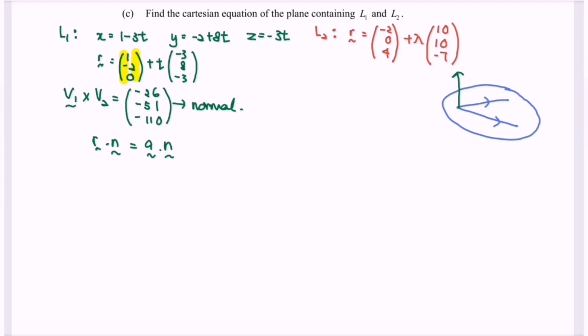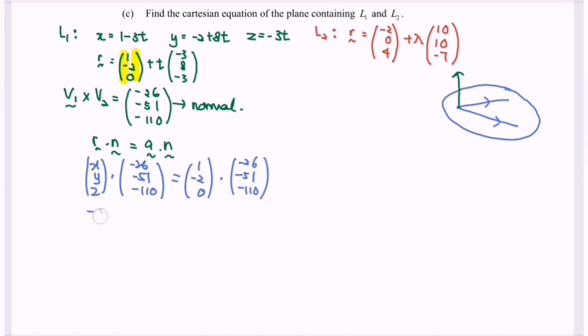So kindly substitute. (x, y, z) dot (-26, -51, -110) equals (1, -2, 0) dot (-26, -51, -110). So -26x - 51y - 110z equals -26 + 102 + 0.